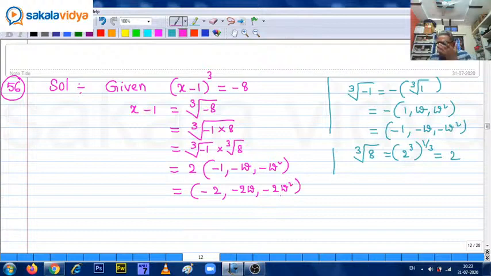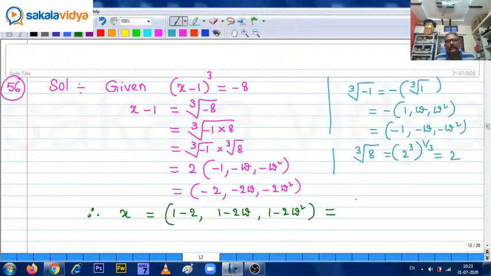Now we need to find out x value. So x equals, therefore, adding 1: minus 1, 1 minus 2 omega, 1 minus 2 omega square.